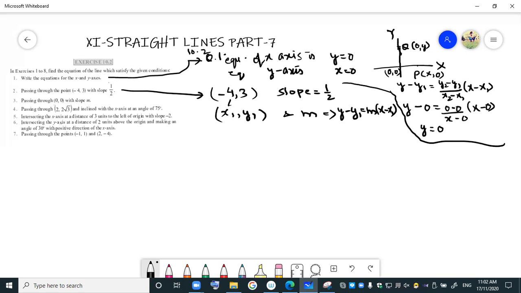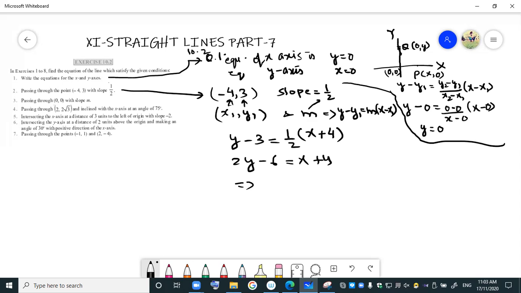x1 is -4, y1 is 3, and m is 1/2. So y minus 3, slope is 1/2, x minus x1, x1 is -4, so minus minus plus 4. Multiply by 2 on the left side: 2y minus 6 is equal to x plus 4.